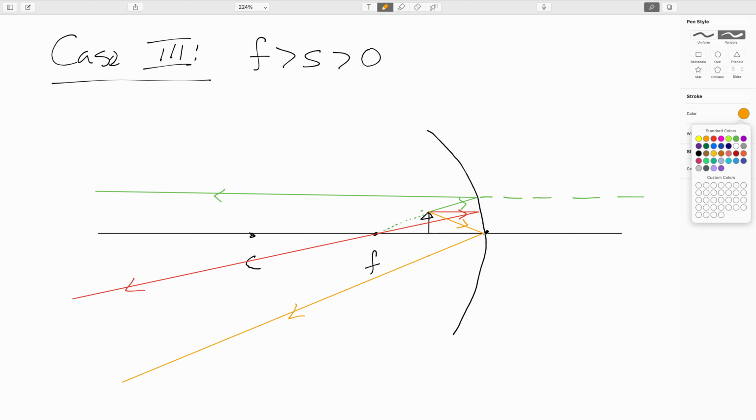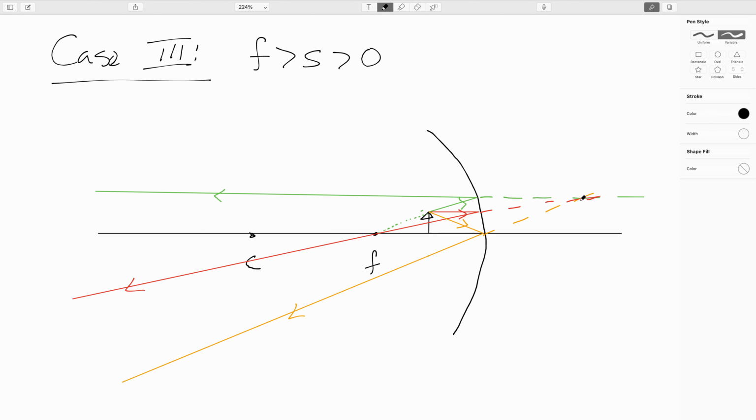Again, following along there. So we can see that all these rays do originate at a point. That means if you look through the mirror, you will see an image located behind the mirror.